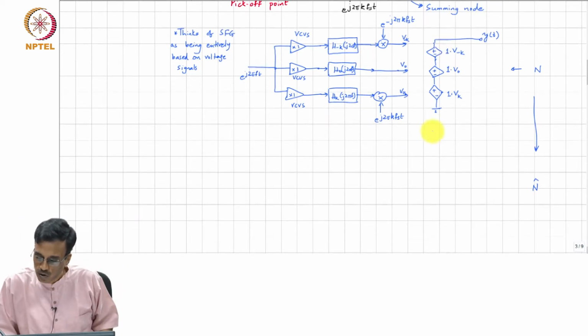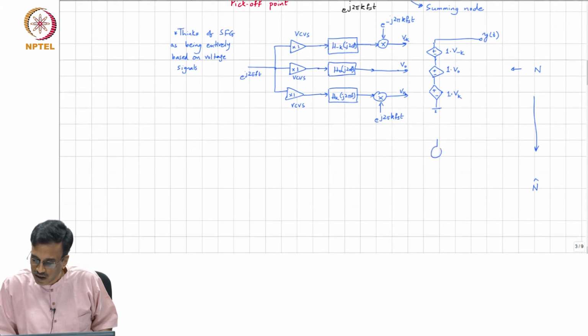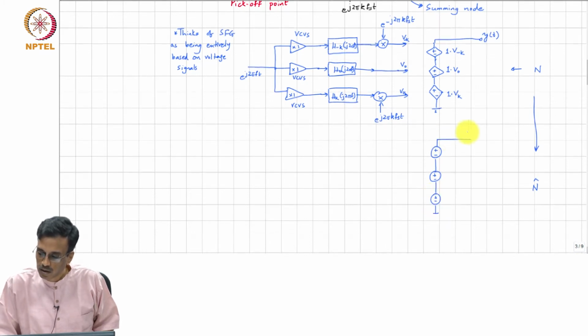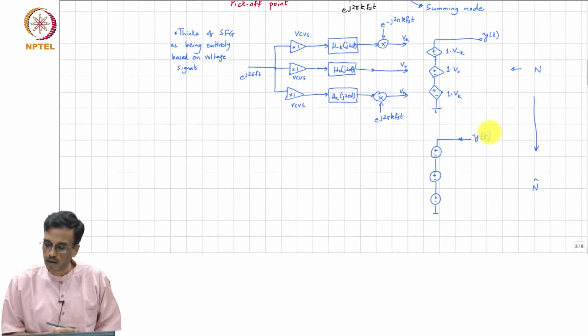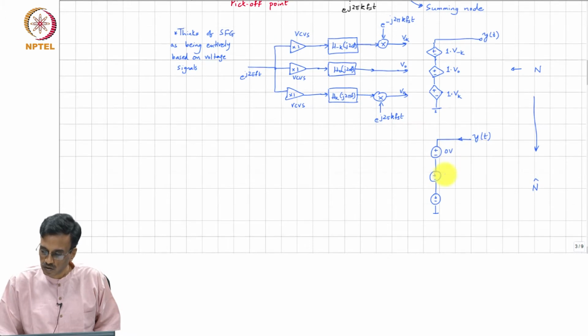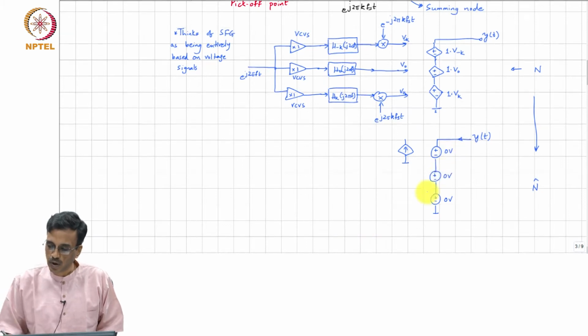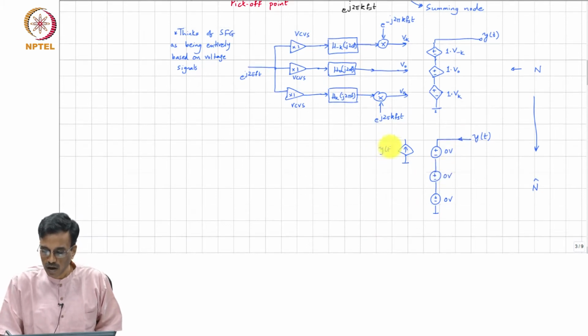So, the current controlled current source basically means that we have 3 zero voltage sources. This is now a current y of t. So, this is 0 volts, this is 0 volts, and the current is y of t. So, this must be y of t.